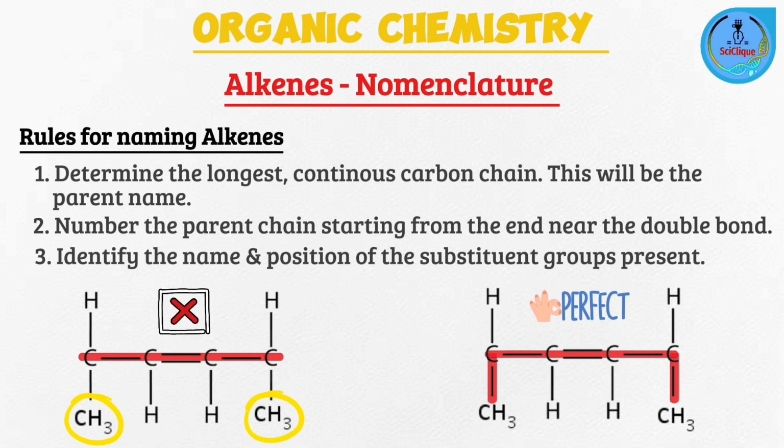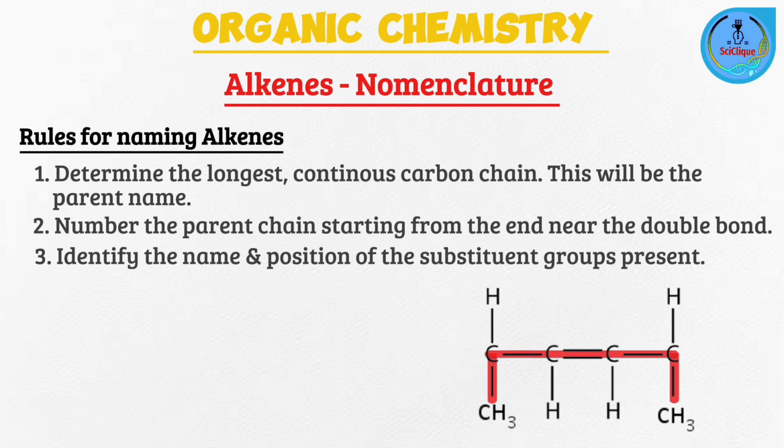Now, for those who decided that this was actually the longest carbon chain, this is wrong because you probably thought that the CH3 over there is an alkyl group. It's not. You will never have an alkyl group at the first carbon atoms on either side. If you do, then you're supposed to consider it as part of the continuous chain, okay?